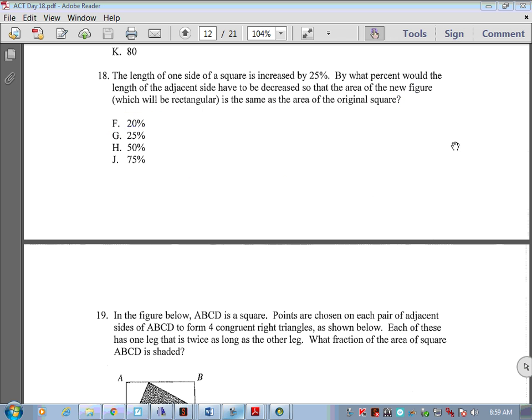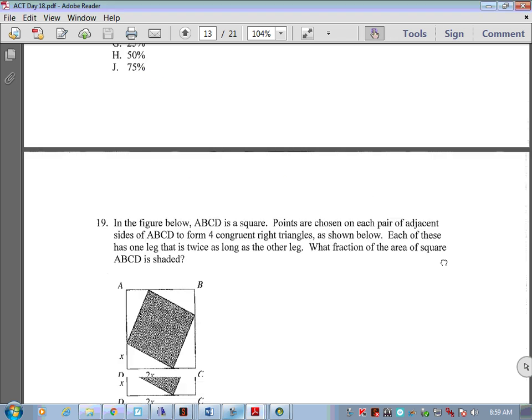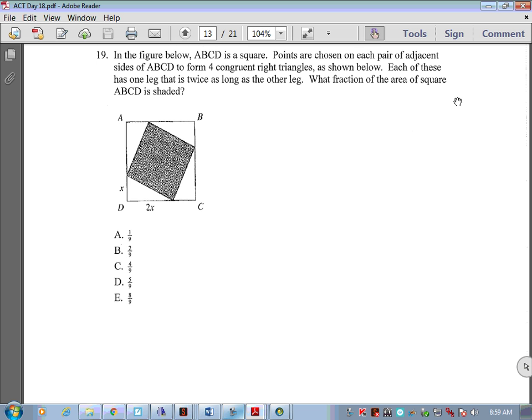All right, I think I'm down to like 2 questions, 19 and 20. 19 or 20? 19. In the figure below, ABCD is a square, so we know that's a square. We've got x and 2x, where each of these lengths is twice as long as the other leg. What fraction of the area of square ABCD is shaded?